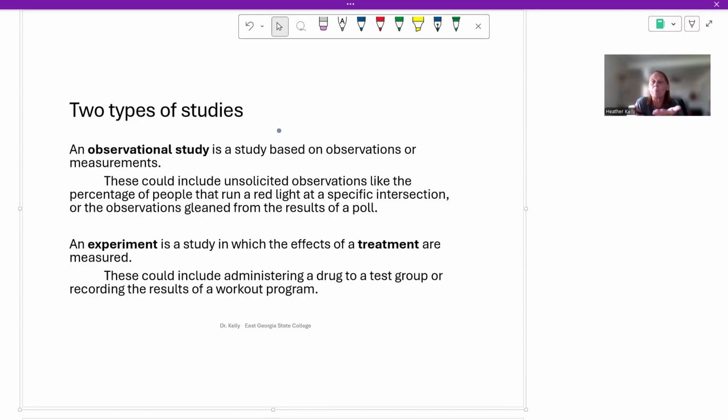We do something and then we measure those outcomes afterwards and compare, say, the before and after. So the difference between an observational study and an experiment is that an observational study does not impose anything to change the outcome, but in an experiment, we try to do something to see how the outcome would be changed with some treatment.